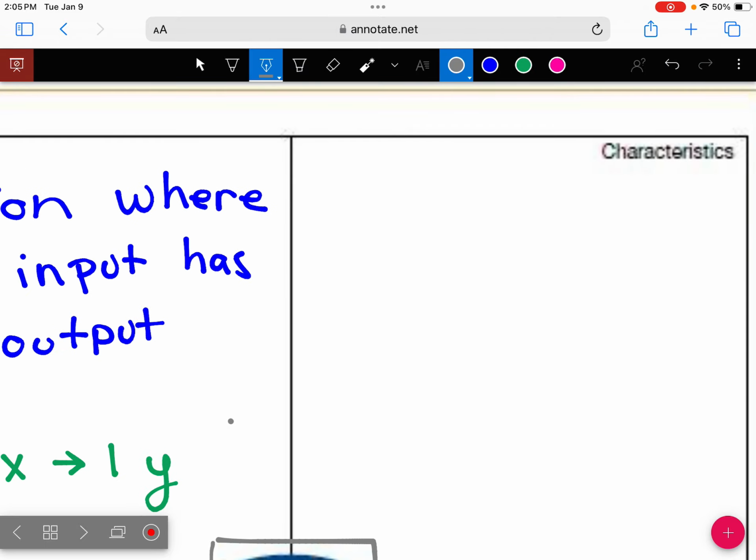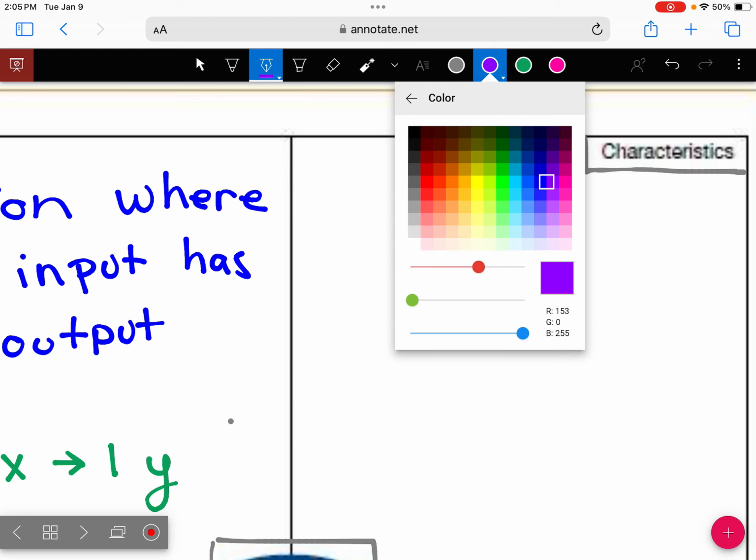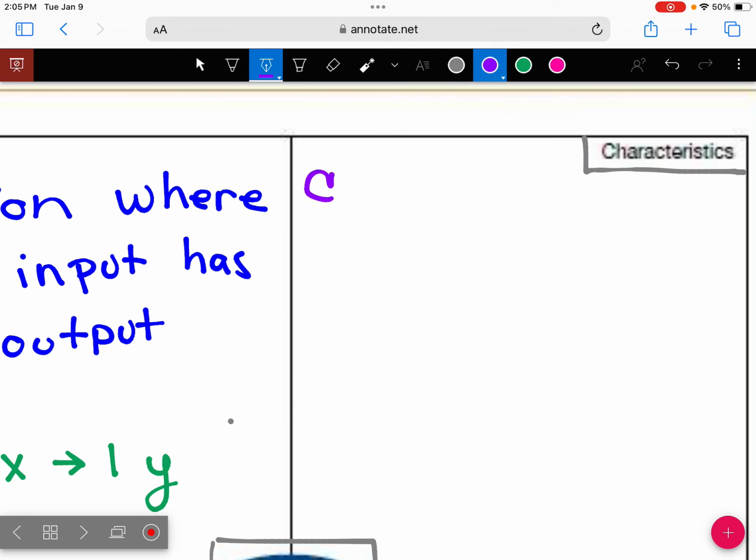So the characteristics, that's what this blurry word up here says. Characteristics on a graph: it passes the vertical line test. Do you remember what it means when it passes? How many times does it go through? One time only.